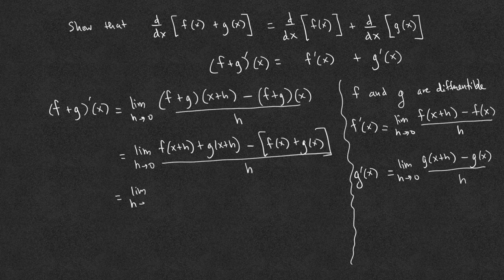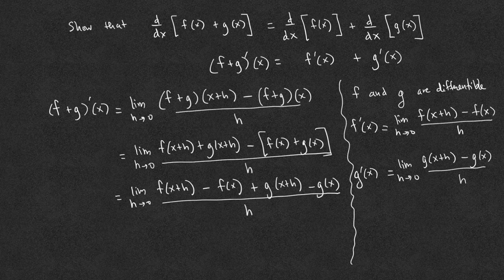This is the limit as h goes to 0 of f of x plus h minus f of x plus g of x plus h minus g of x over h, where we simply use the distributive property and rearrange the terms. We have the negative inside of the sum f of x plus g of x. After we distribute it, we end up with negative f of x and negative g of x.